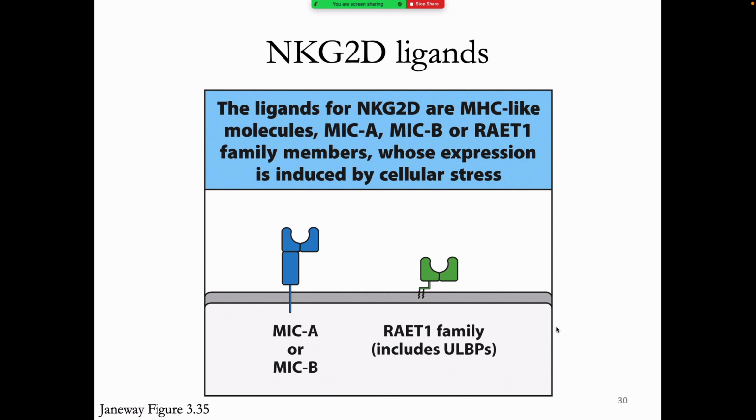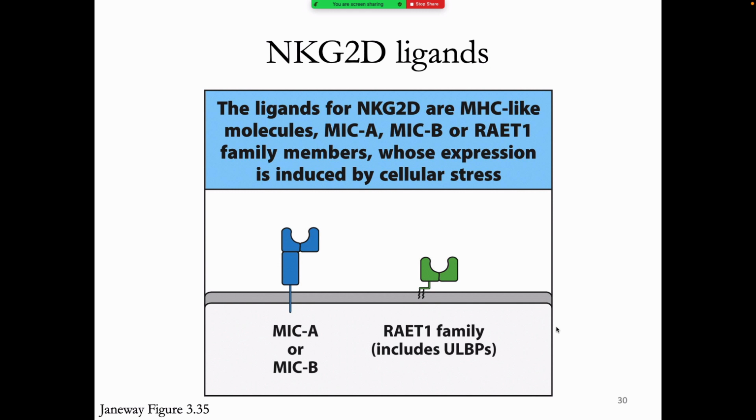And that might seem random. You're like, okay, fine. NKG2D binds to some random proteins. Whatever. But the key thing about those proteins is that they are proteins that a cell makes when that cell is under stress. So if that cell, for example, is infected by a virus and the virus is trying to mess with the cell's metabolism, the cell might make some cell stress proteins to indicate, hey, I'm under stress.